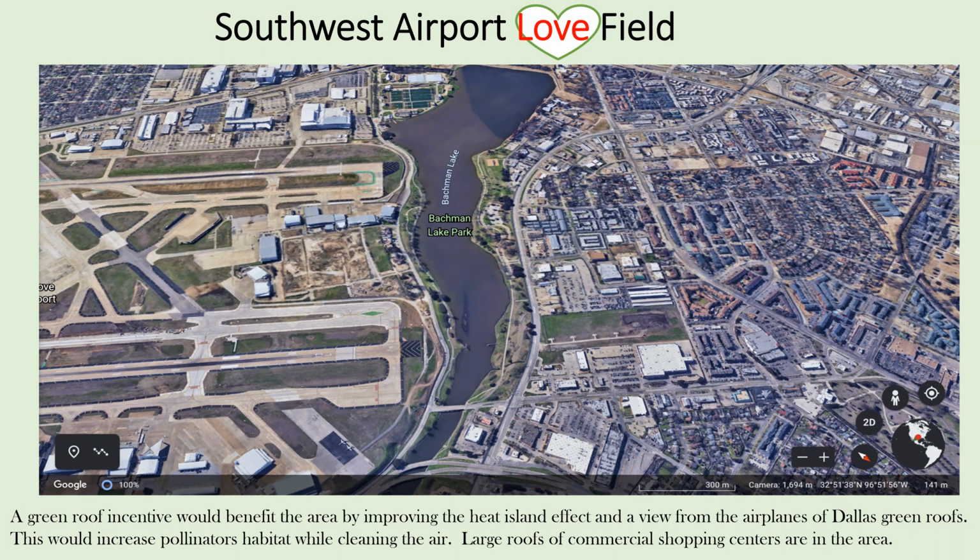And it will be nice when you're flying in airplanes, seeing all the green in Dallas. There are a lot of large commercial shopping center roofs that would be great to have as green space, where you could go on the roof and watch the planes land. It would be another area where you could watch the planes land, on the green roofs.